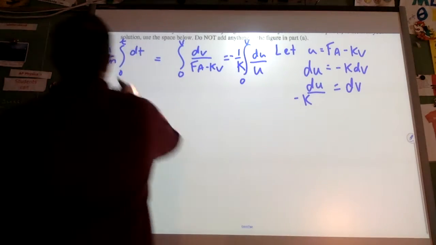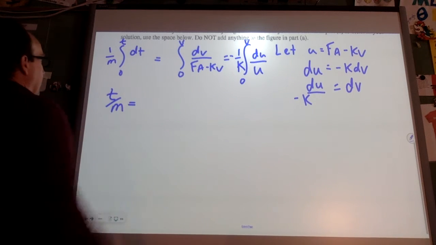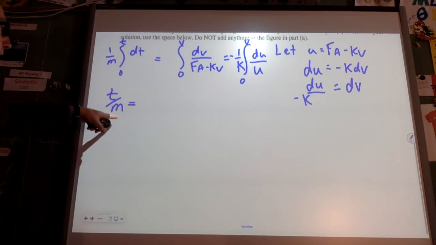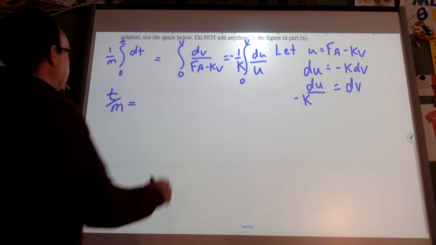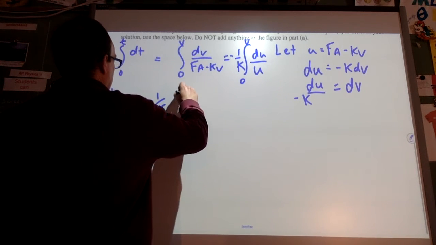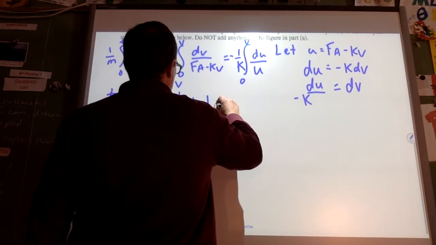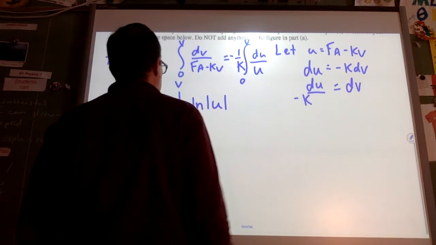All right, so on this side, I'm going to have just t over m. So I put in a 0, that's going to cancel out. On this side, I'm going to have negative 1 over k from 0 to v of the natural log of u.